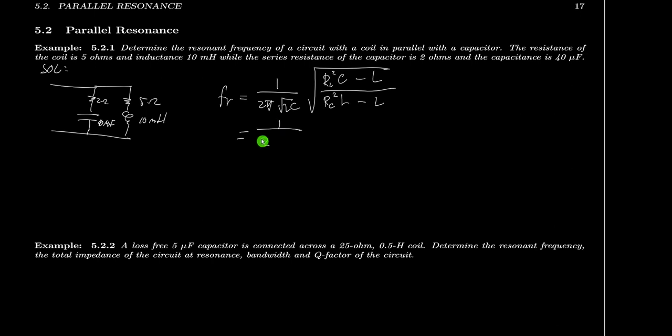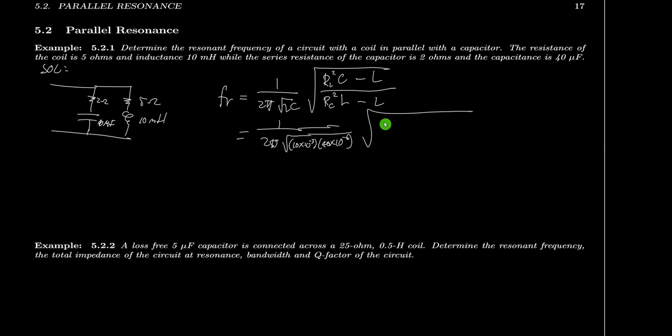So 1 over 2 pi times the square root of L, which is 10 millihenry, 10 times 10 to the negative 3, multiplied by 40 times 10 to the negative 6.